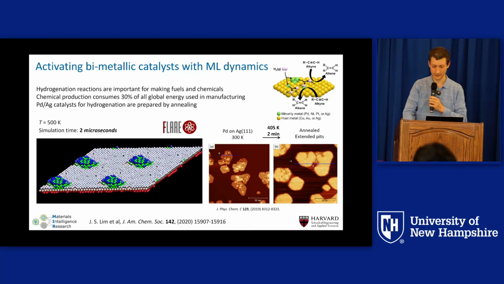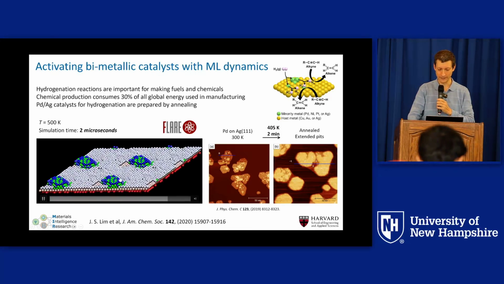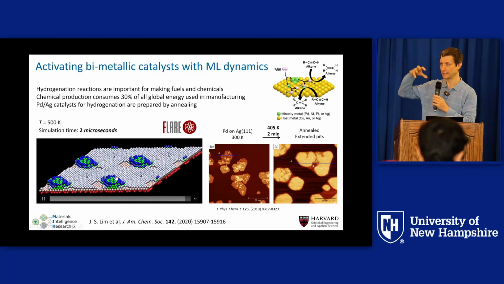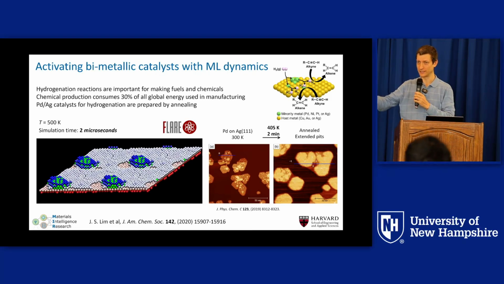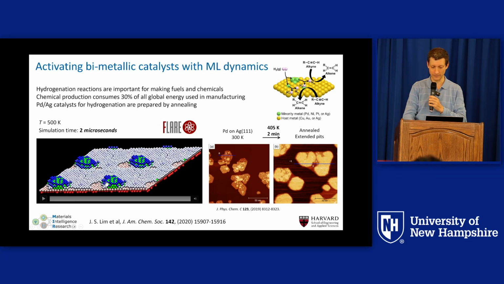So this is revealed by the MD simulation run with this method: palladium actually gets mixed in at a 50-50 or so ratio in these islands. They basically suck in this silver, and then they become 2 stories instead of 1 story high, and then they become this magic combination of reactivity and selectivity for hydrogenation reactions.